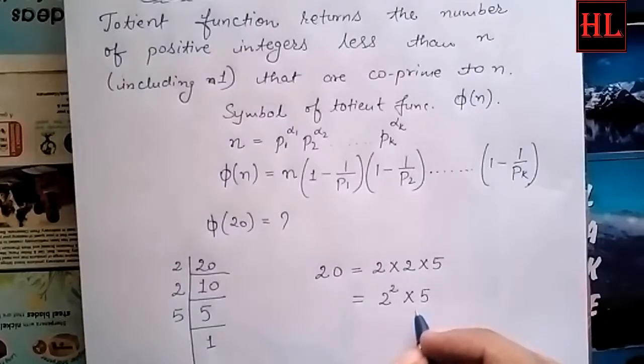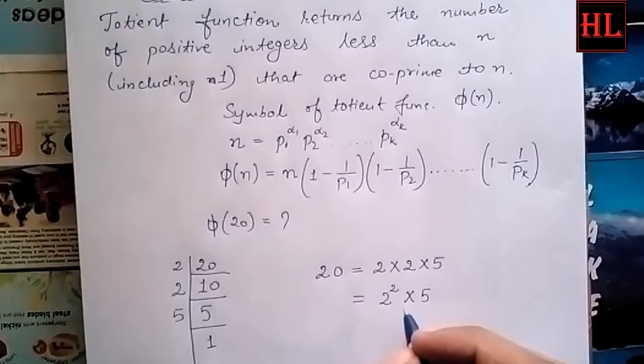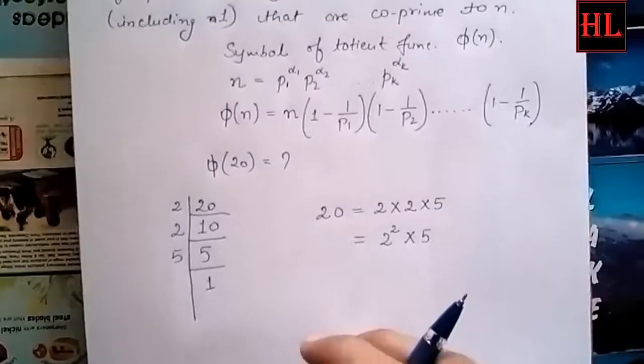We have written this form as we only need the distinct prime factors of the number for which we need to find the totient.